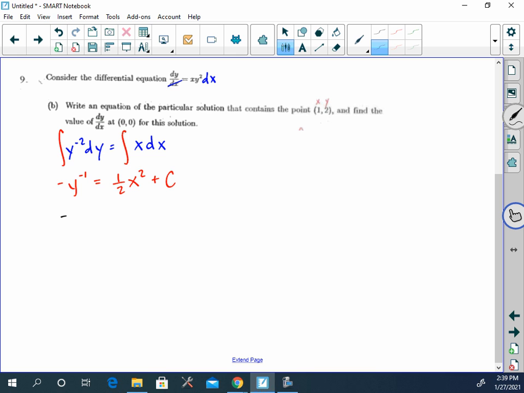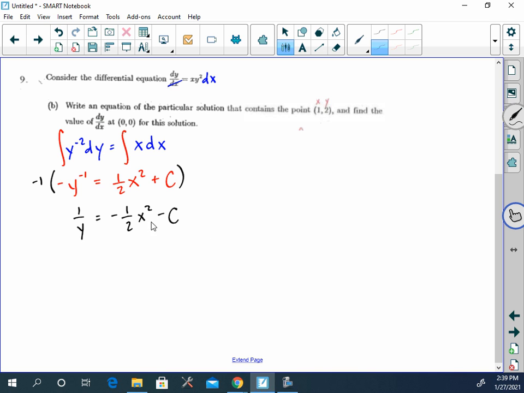So this is the same as -1 over y. And I'm actually going to multiply by a negative at the same time here, because why not? So that'll get rid of the minus that's out front. So this would turn into negative a half x squared minus c, or plus a new constant if you want to do that.